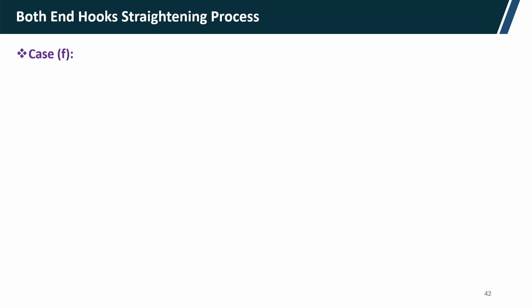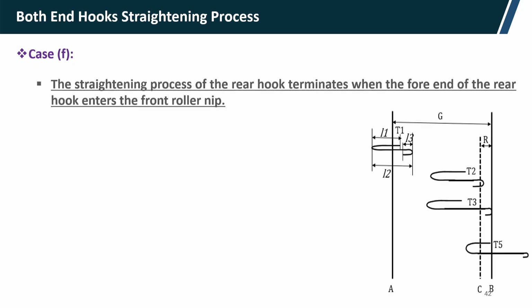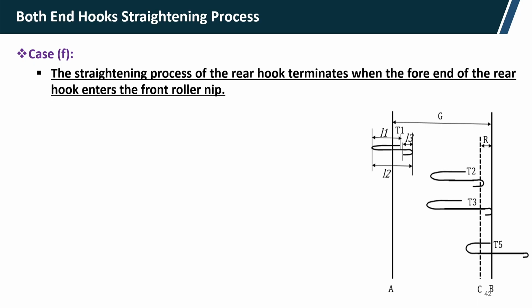Case F is that the straightening process of the rear hook terminates when the fore end of the rear hook enters the front roller nip.